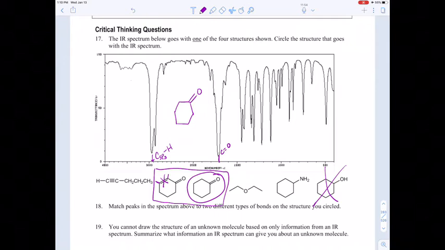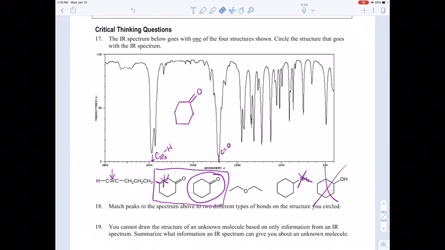Okay, we can also narrow out the amine. We know we don't have that peak, 3100. That would fall right in this range also. We don't have anything there. On this one, an alkyne should be at 3260.